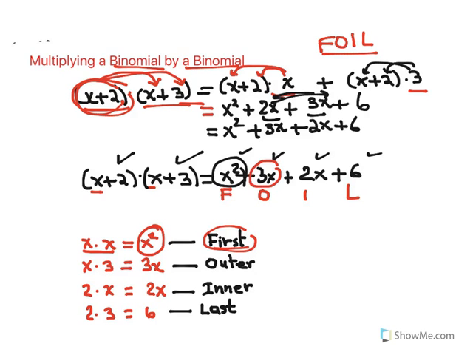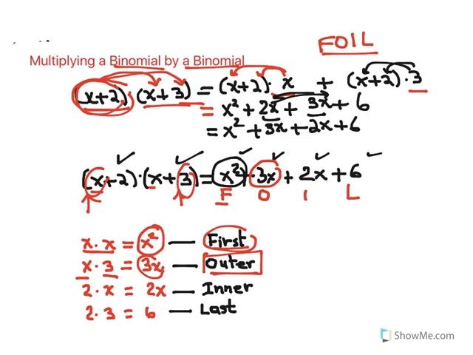I obtain 3x by multiplying x times 3, which means I'm multiplying the outside terms, the terms of the extreme left and the extreme right of the two binomials. So I'm going to be calling that the outer.